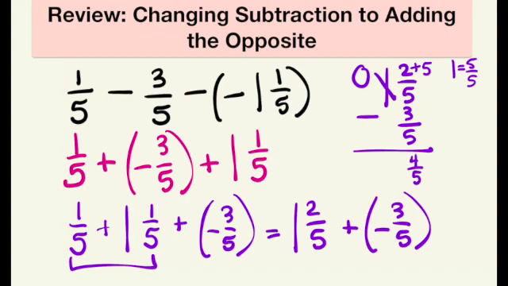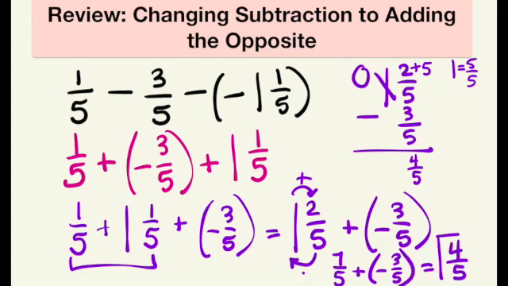And the final way to do it would be, well, I can turn this into an improper fraction. So 5 times 1 is 5 plus 2 is 7. So if I have 7/5 plus -3/5, that will give me 4/5. So you can solve this however you'd like, as long as you continue to follow your adding integer rules.